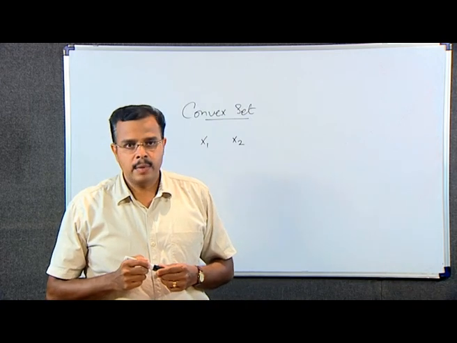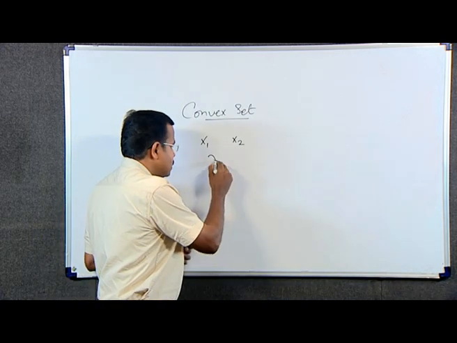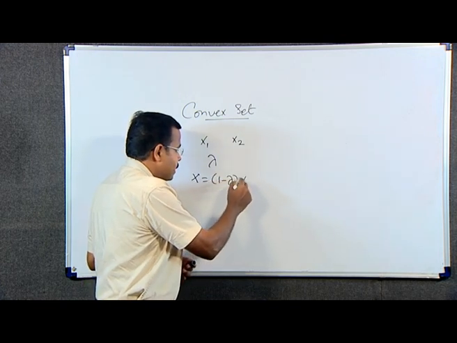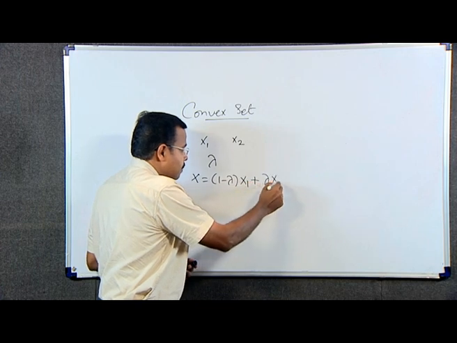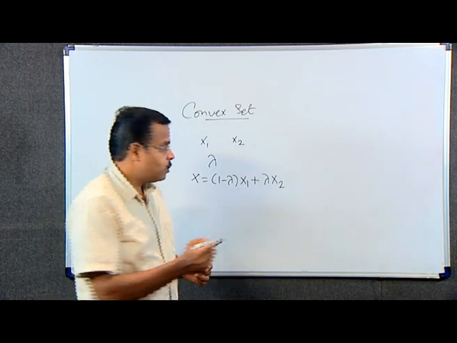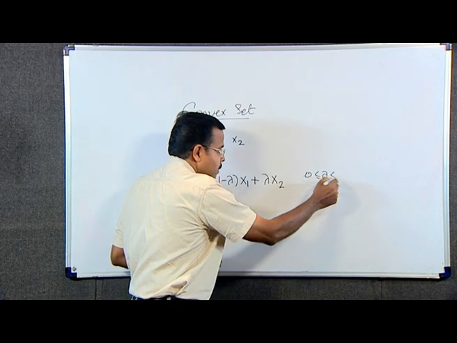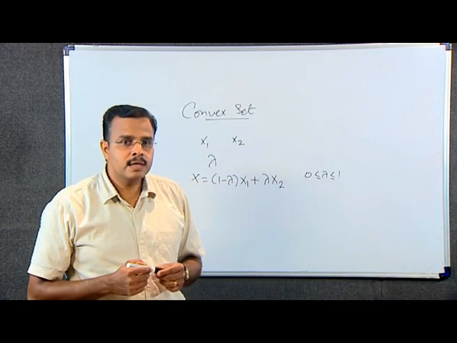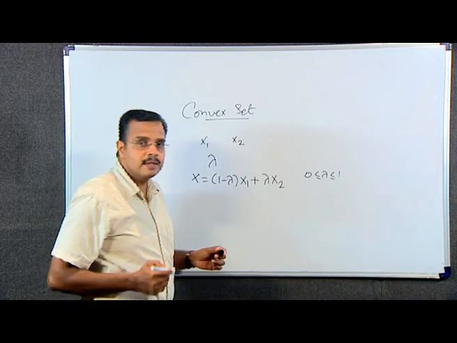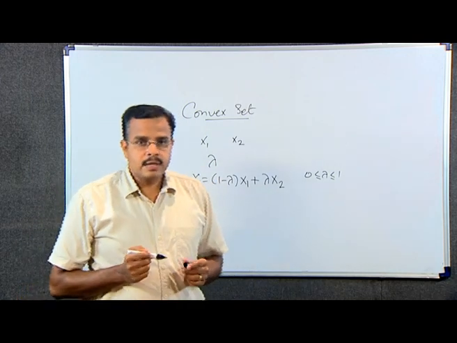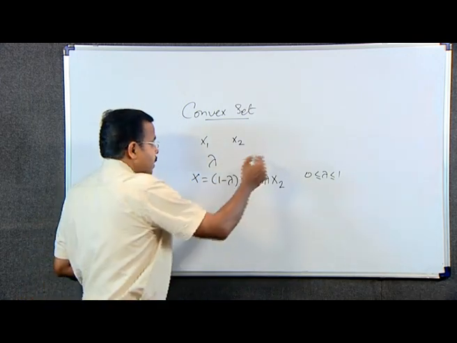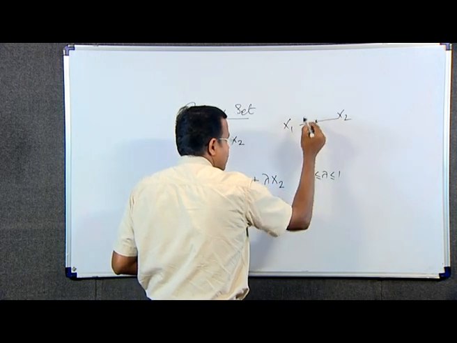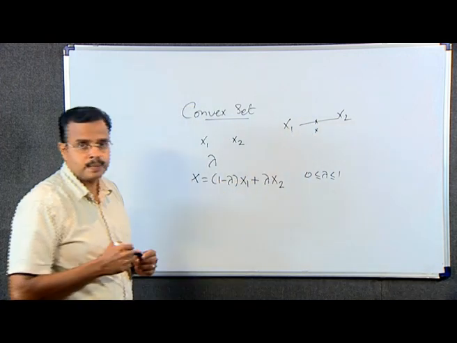Then for a constant lambda, the point x equal to (1 minus lambda) x1 plus lambda x2, for 0 less than or equal to lambda less than or equal to 1, is called the convex linear combination of the points x1 and x2. It is a point on the line segment joining x1 and x2.